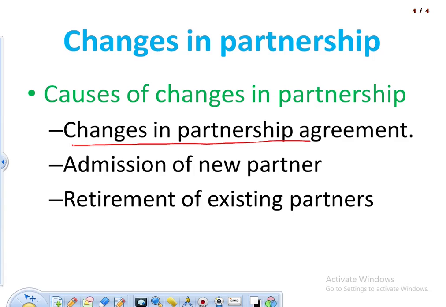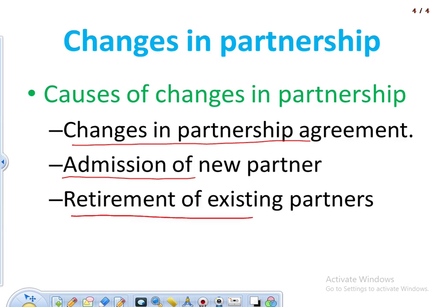Another happens when we want to admit a new partner into our partnership, or if an existing partner retires from the partnership. So in these three circumstances, the partnership changes.